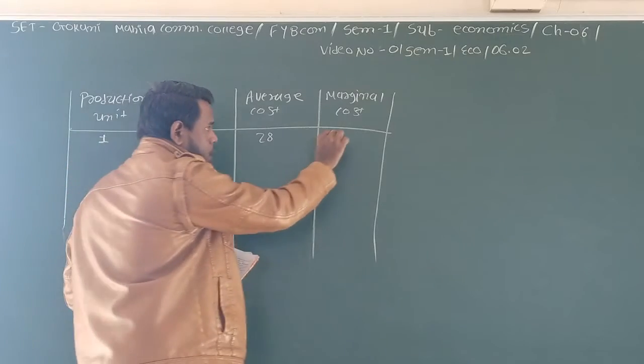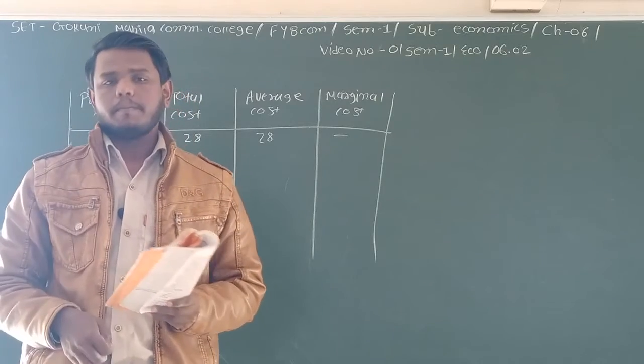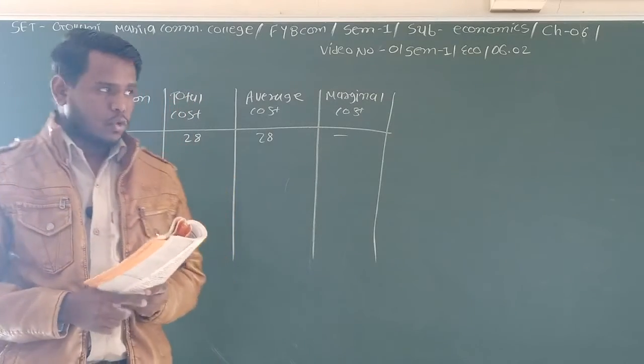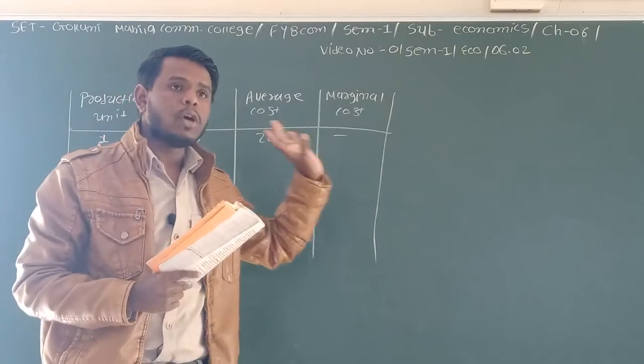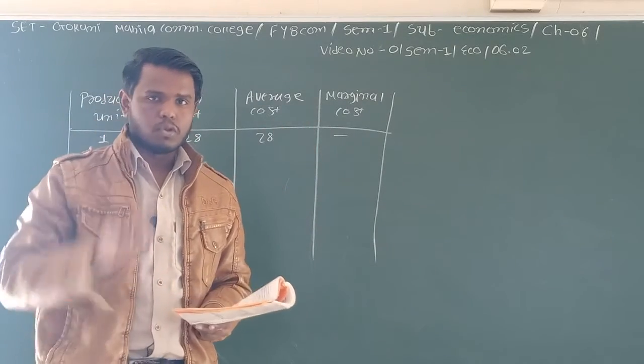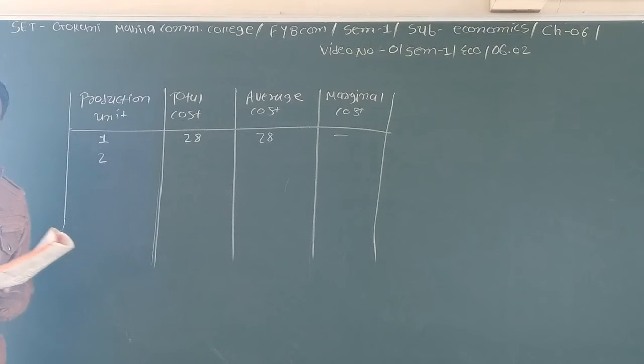Here there is no marginal cost, because when you add one more unit, at that time you will get your marginal cost. So here only one unit is produced, so you will not have marginal cost. But when you produce one more unit, that is the second, your total cost is 40.